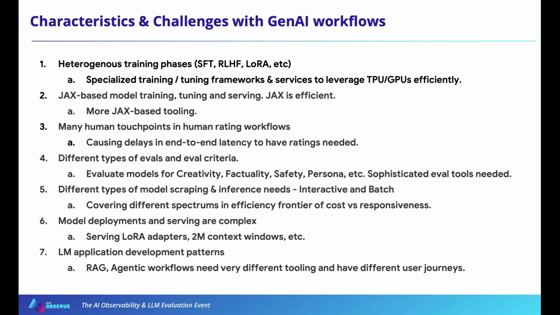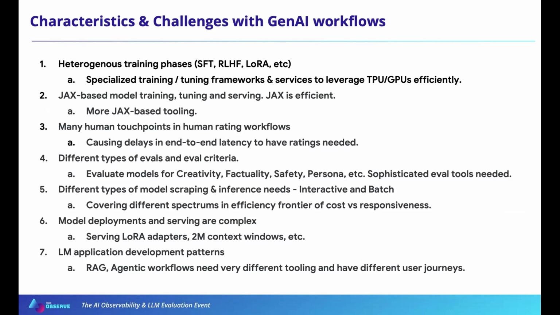The second one is around JAX. We use JAX heavily for all the model training. JAX is efficient, and efficiency is good. We need that at that scale. Even a small amount of efficiency translates to millions of dollars in cost savings. But we also need more JAX-based tooling. So that is another opportunity and challenge.